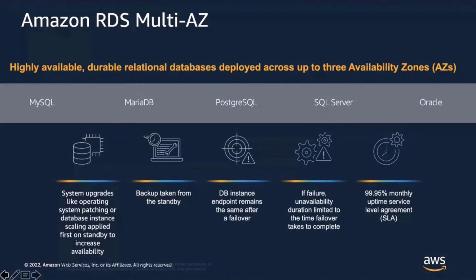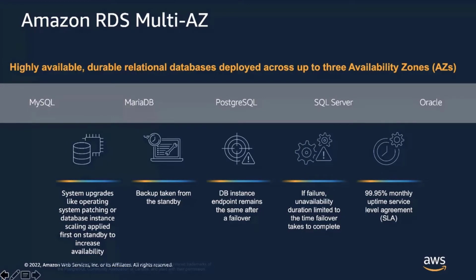So what is Amazon RDS multi-AZ? Amazon RDS multi-AZ is a feature of Amazon RDS that provides customers with highly scalable, available, and durable databases. In this deployment option, Amazon RDS creates a primary instance and a secondary instance in two different availability zones and synchronously replicates the data between the two.